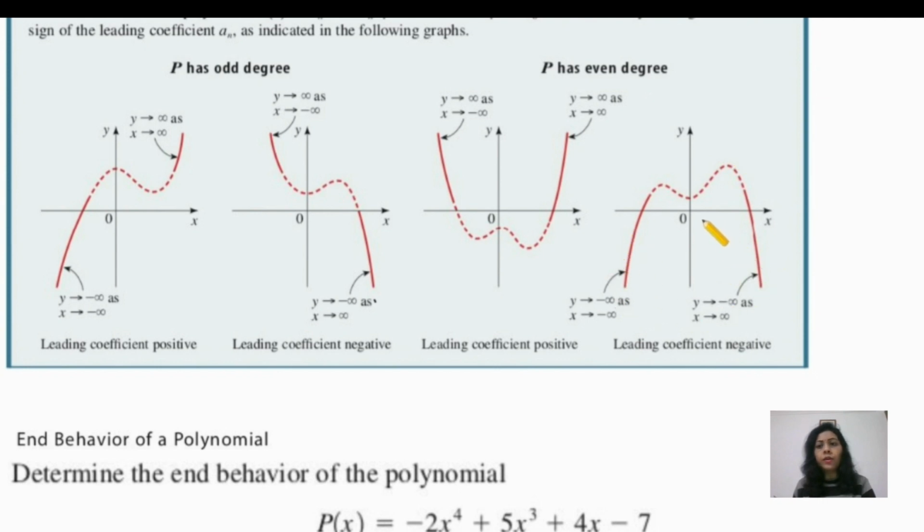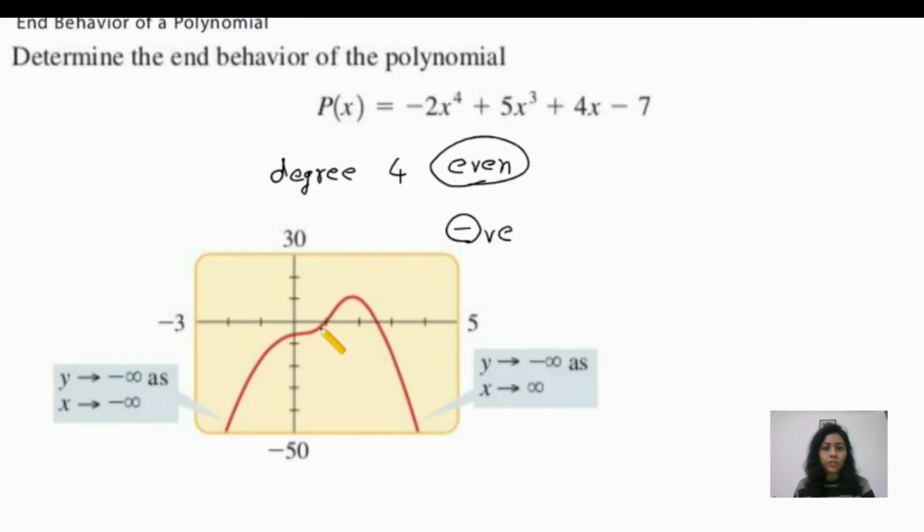So here x tends to positive infinity, y tends to negative infinity. When x tends to negative infinity, y tends to negative infinity.